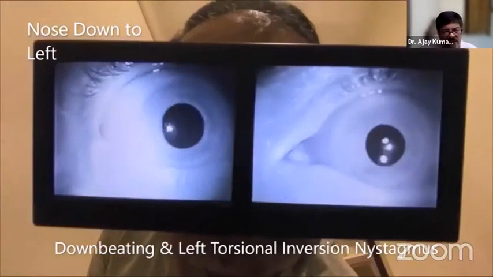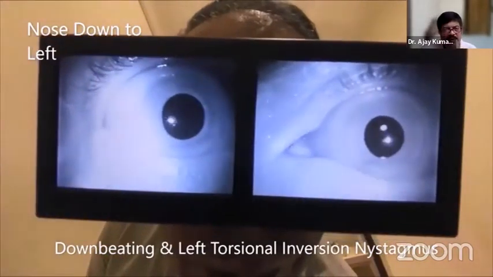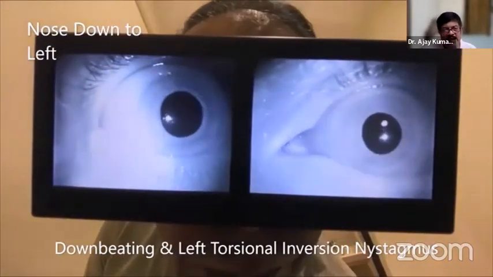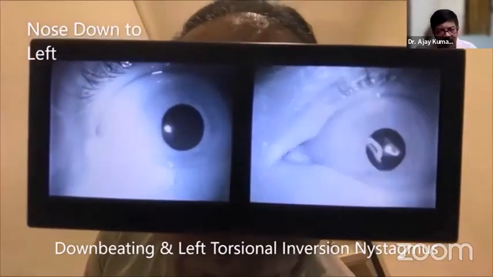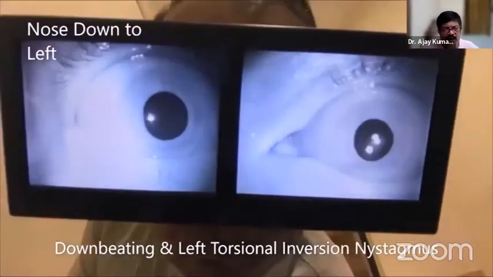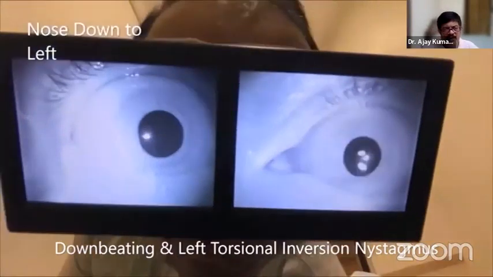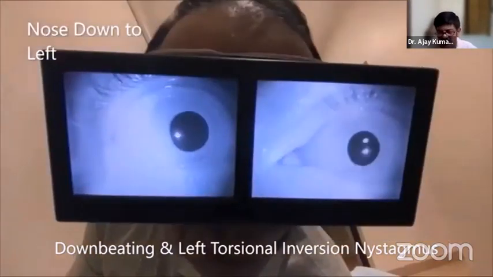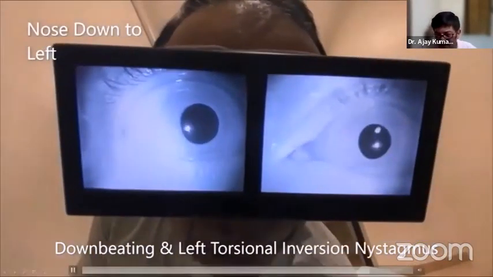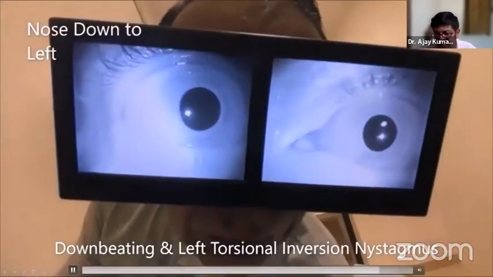The inversion nystagmus is almost as robust as it was seen in the right half Hallpike position, but the polarity of the nystagmus, both vertical as well as torsional component, has reversed. So this is a patient with right-sided posterior semicircular cupulolithiasis.